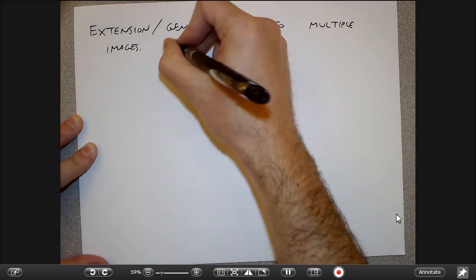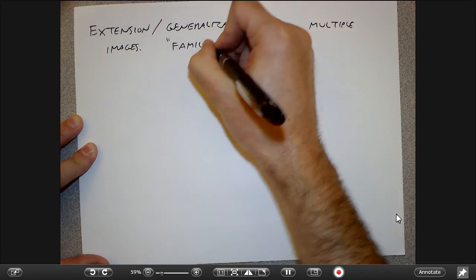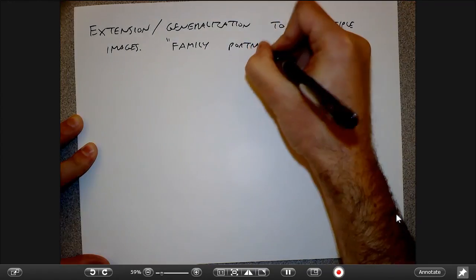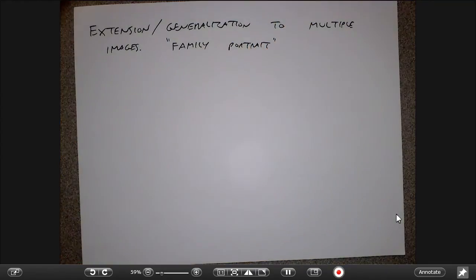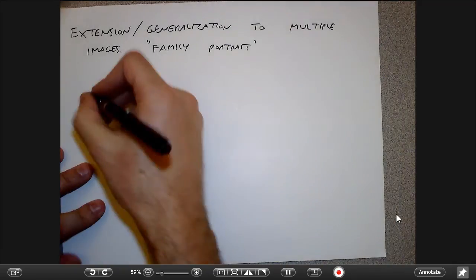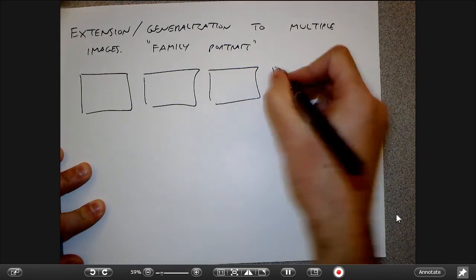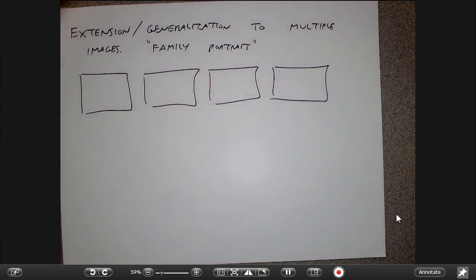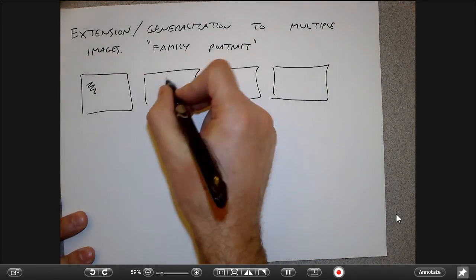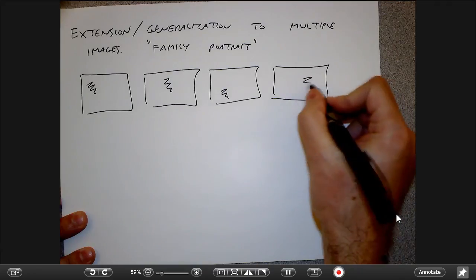The canonical example of this is the family portrait idea, right? I want to make the family portrait where everyone is smiling. In this case, I may have a whole bunch of images, none of which is really playing the role of source and target explicitly. It's kind of like saying, okay, I want this person from here, and this person from here, and this person from here, and this person from here.